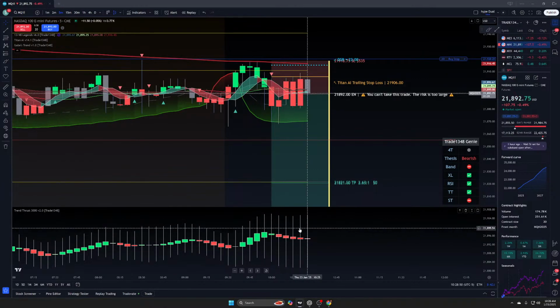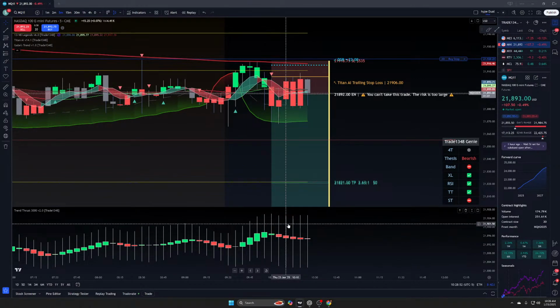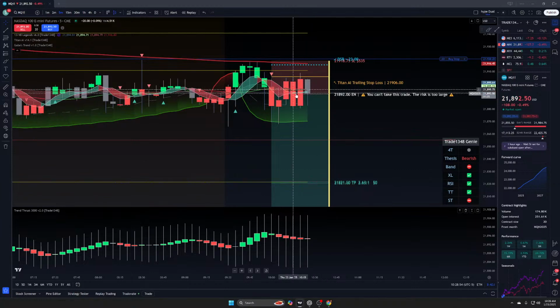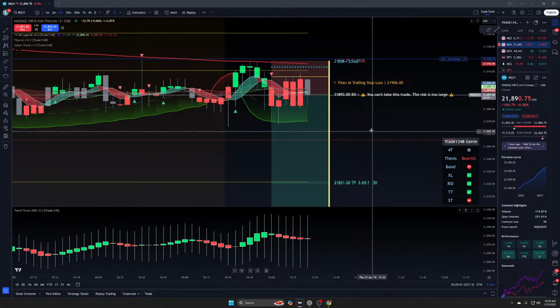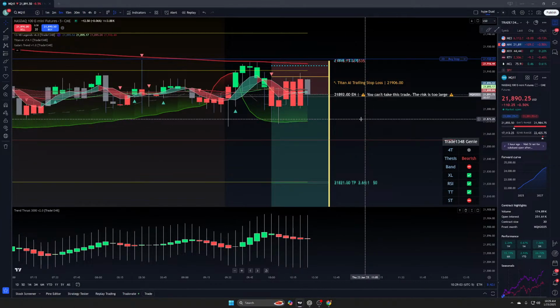The wicks are bigger than the bodies. That's another rule. So when we got EMA braiding and wicks bigger than bodies, we're essentially in chop. Everything that we designed here at 1348 is meant to help you objectively identify whether it's chop or momentum.